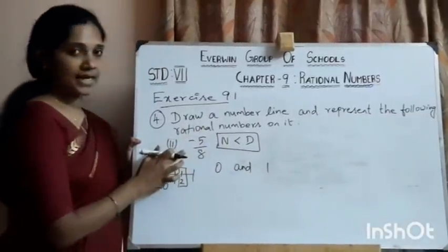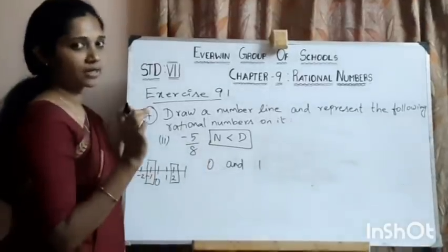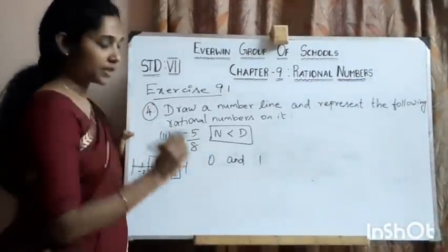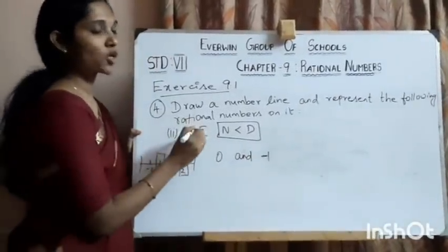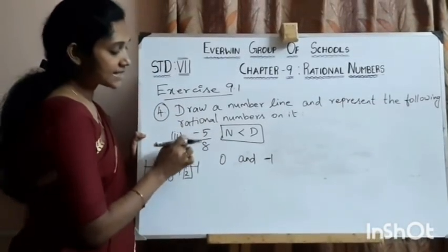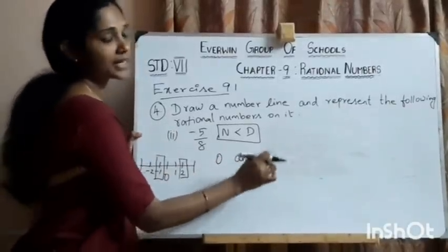But in this case, this is a negative number, correct? Minus 5 by 8 is a negative number. So this negative number will be lying between 0 and minus 1. If it is a positive number, it will be lying between 0 and 1. And as it is a negative number, it will be lying between 0 and minus 1.